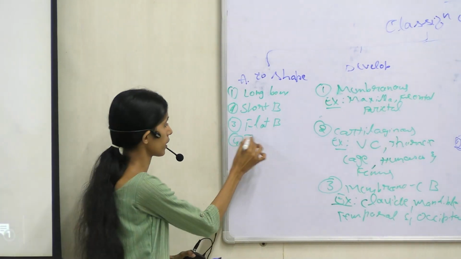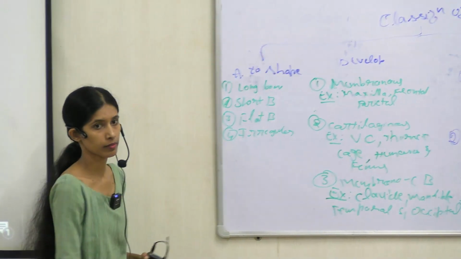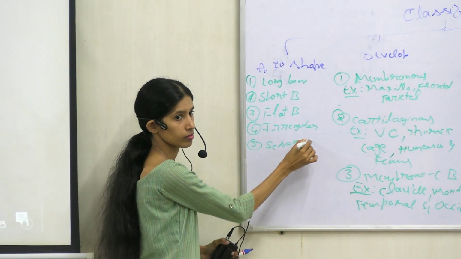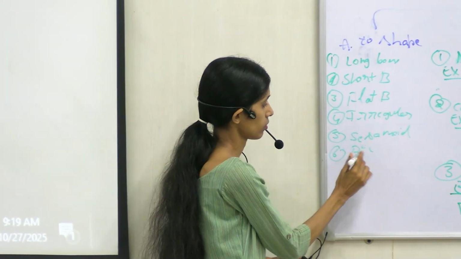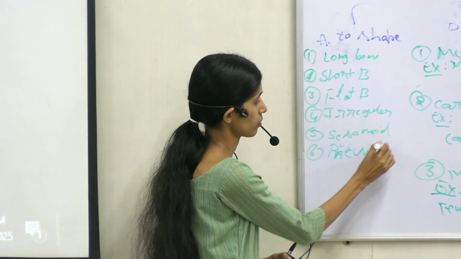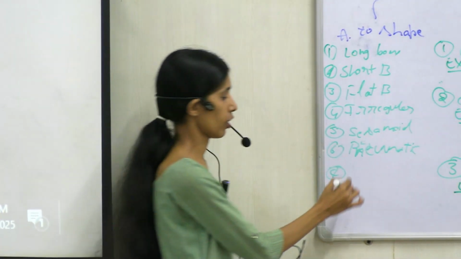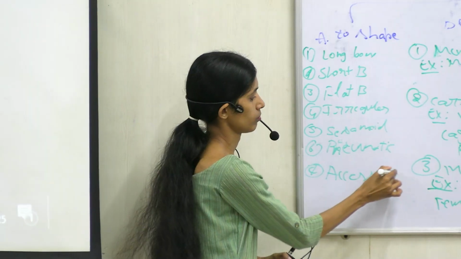I'll write irregular bone, and another one is sesamoid bone, pneumatic bones, and accessory bones, also under the according to shape classification.